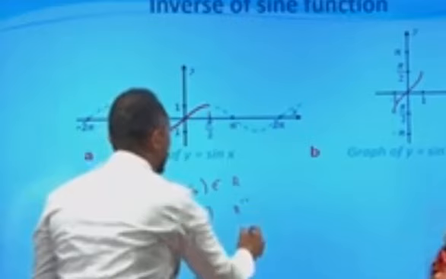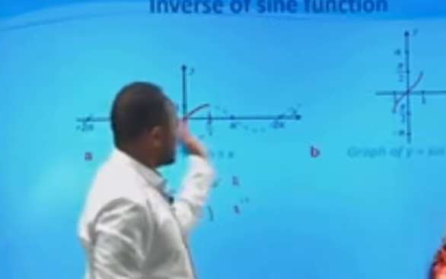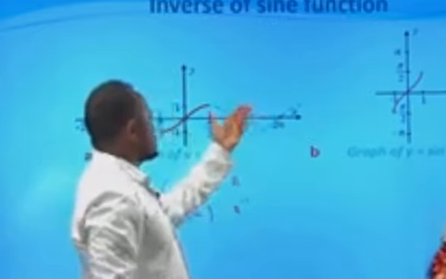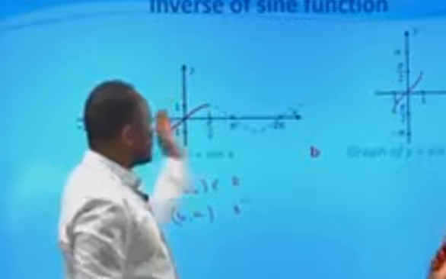It's our inverse. Therefore, the x coordinate will be changed into the y coordinate and the y will be on x.